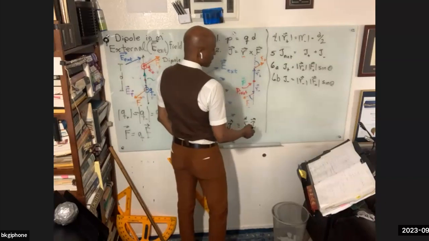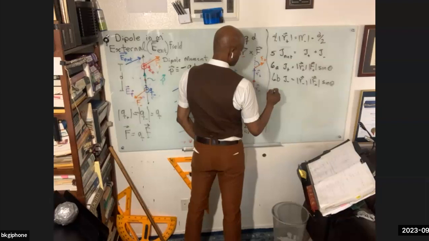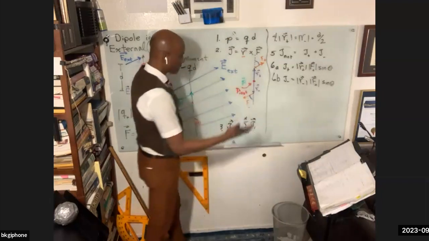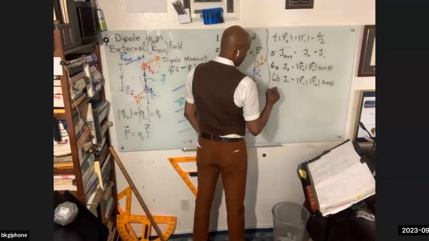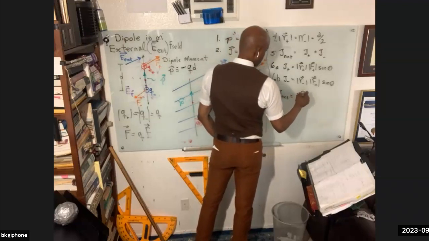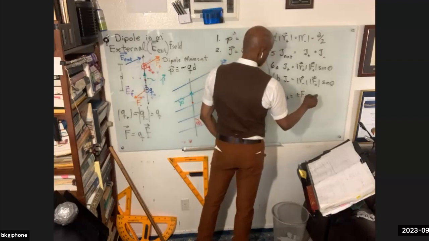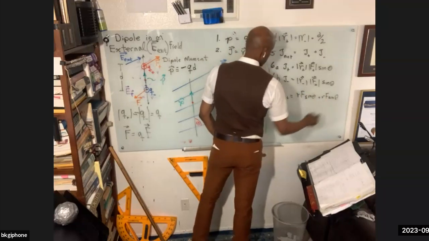And so ultimately, we add those together, and of course the R is equal and the F is equal. So basically the net torque magnitude is going to be RF sine theta plus RF sine theta.